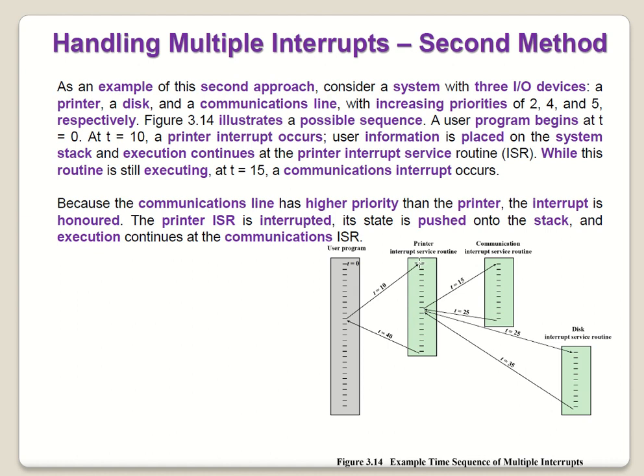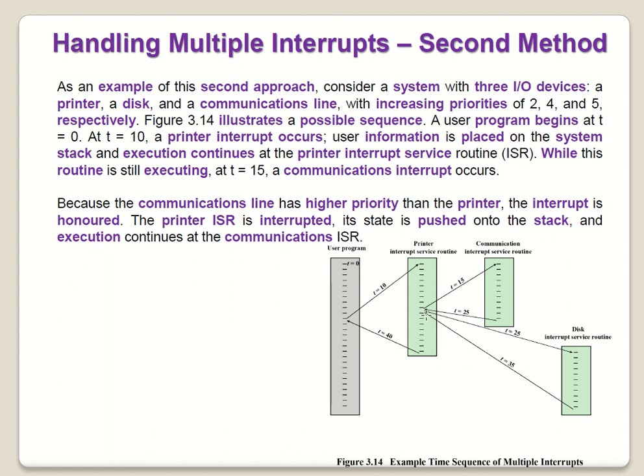So at time 10, the CPU starts to execute the interrupt service routine of the printer. Assume at time 15, it is executing the printer service routine, and another interrupt request signal comes from the communication line. What is the priority of the communication line? 5. The current device priority is 2.